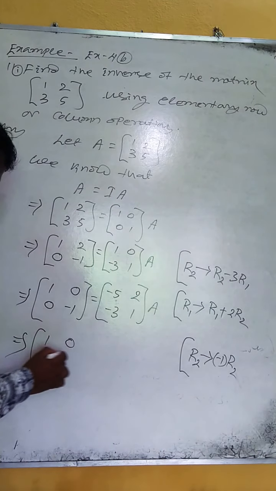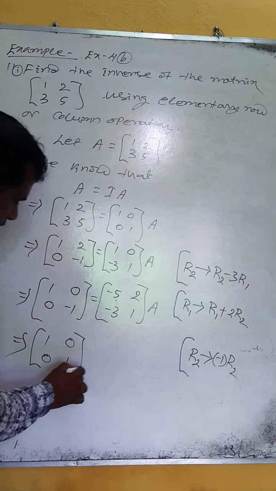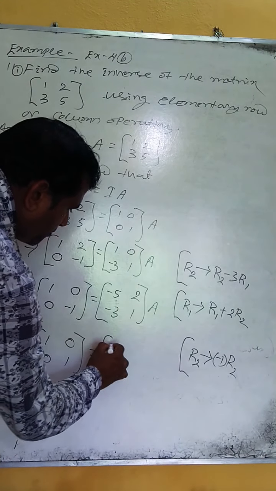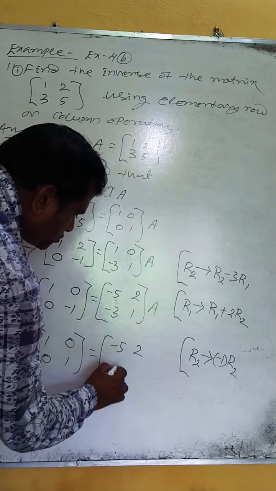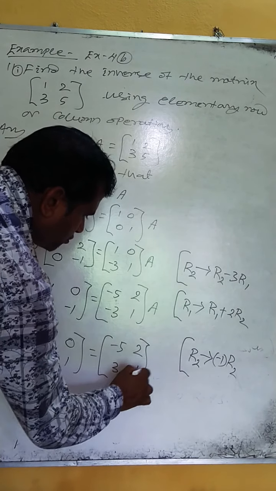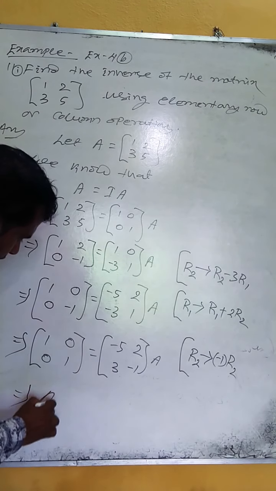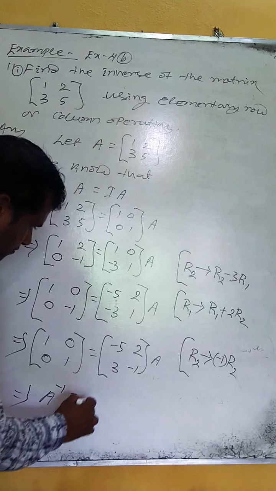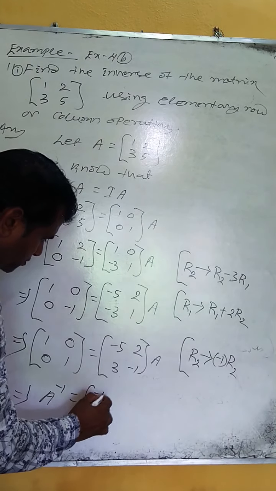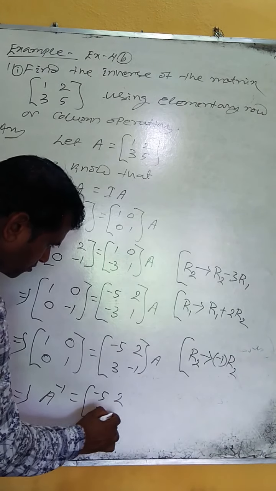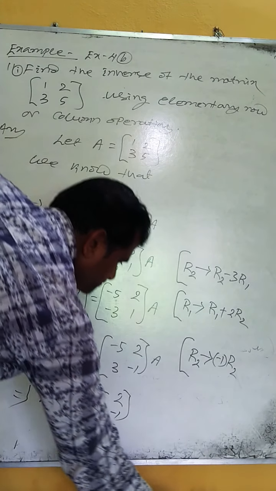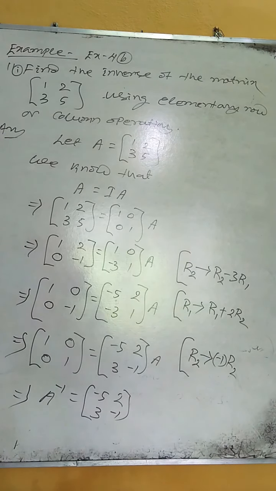So 1 0 0 1 equals minus 5 2 3 minus 1, whole into A. So here A inverse equals minus 5 2 3 minus 1. Okay.